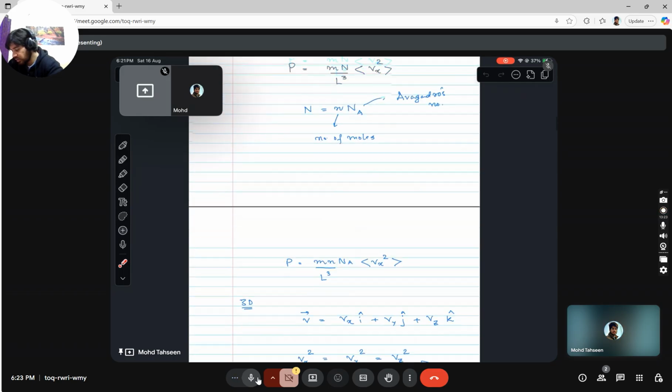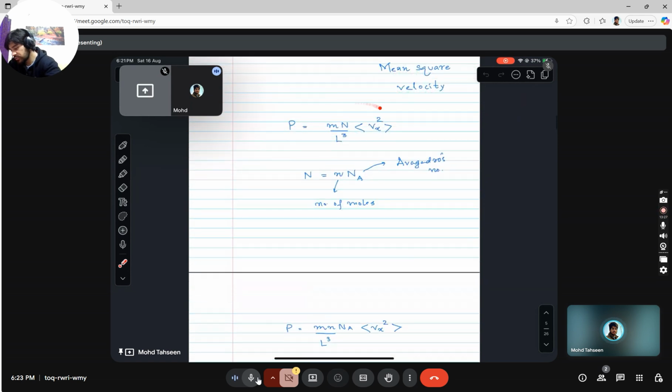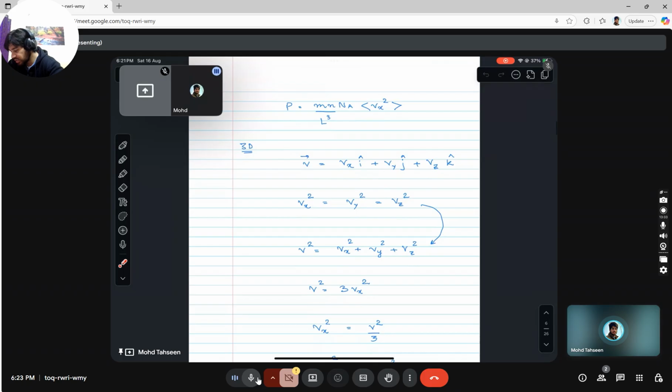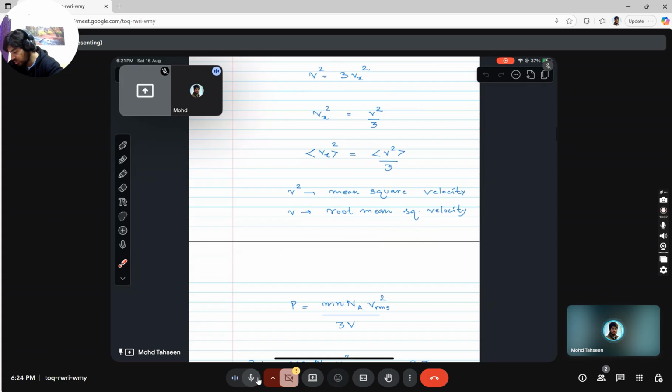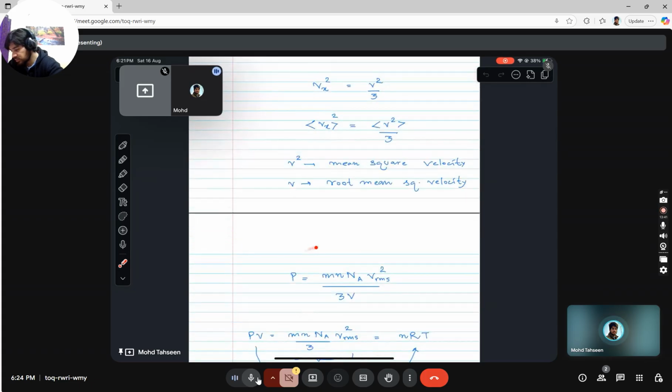So this is for one dimension, let's say the dimension x, and then we generalize this to 3 dimensions, and we see that the expression only changes by this much. This is the expression that comes out for the three-dimensional model.